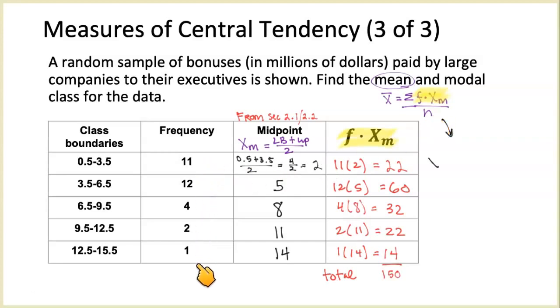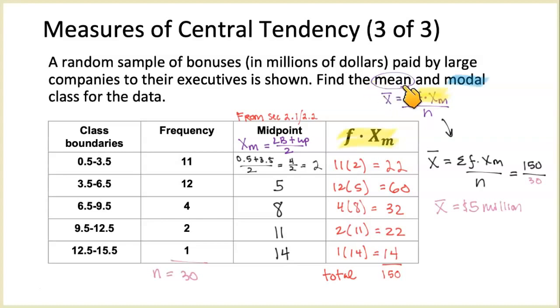If I were to add all these together, how many people are represented in this distribution as having received a bonus, and it's 30 people total. So the sum of the frequency times the midpoint divided by n, 150 divided by 30, that would be 5, would be our average, $5 million. So the average bonus that was paid out was $5 million.